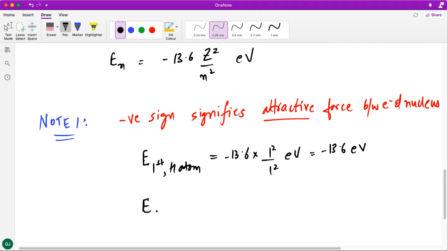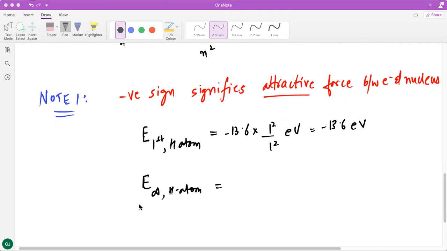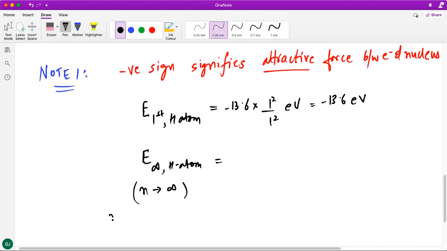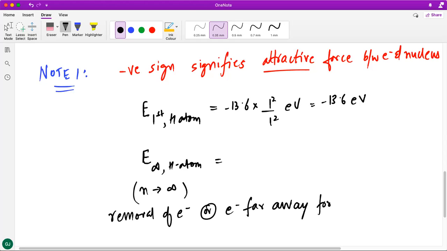Now, for electron far, far away, as good as outside the atom, I have put infinity here, like I'm saying n tends to infinity. That means we are removing the electron, or the electron is far away from nucleus.